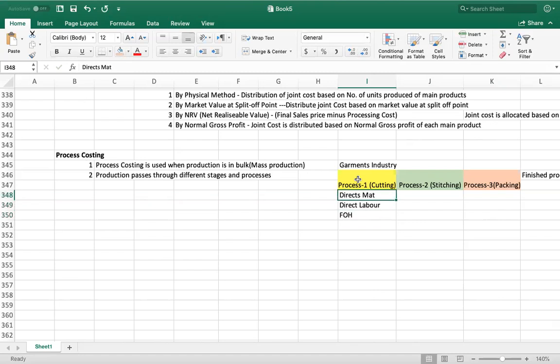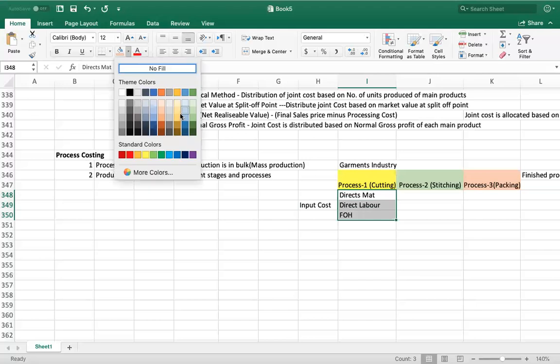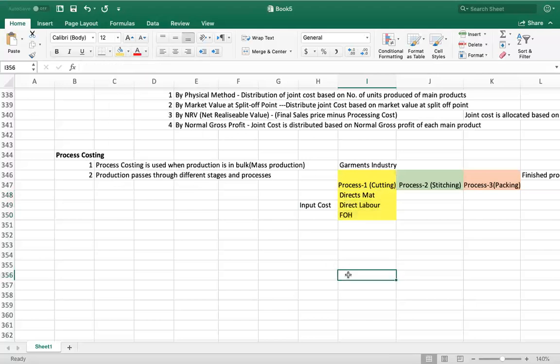Collectively it is known as input cost. All these three elements, not only one item, but all collectively, it is known as input cost.